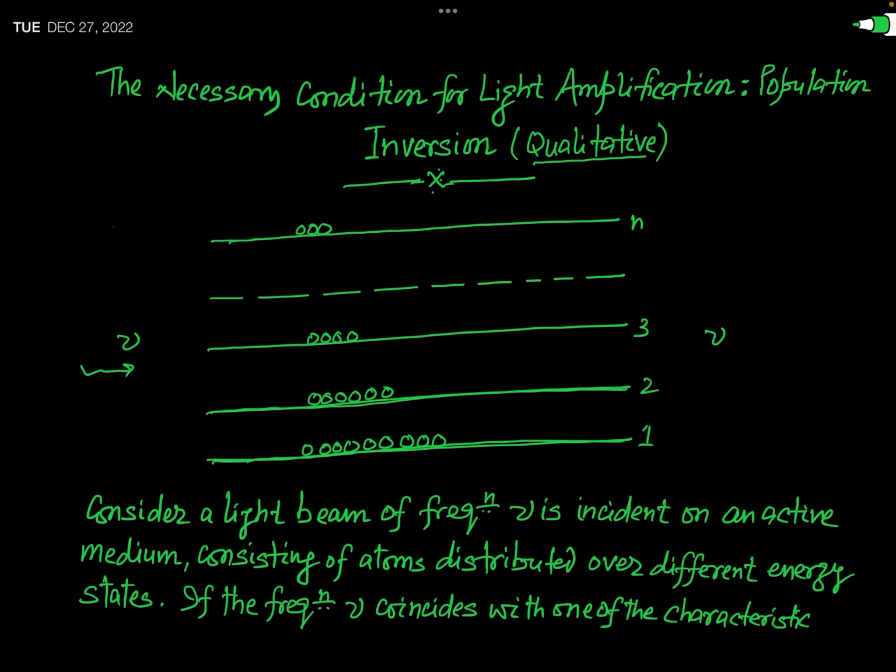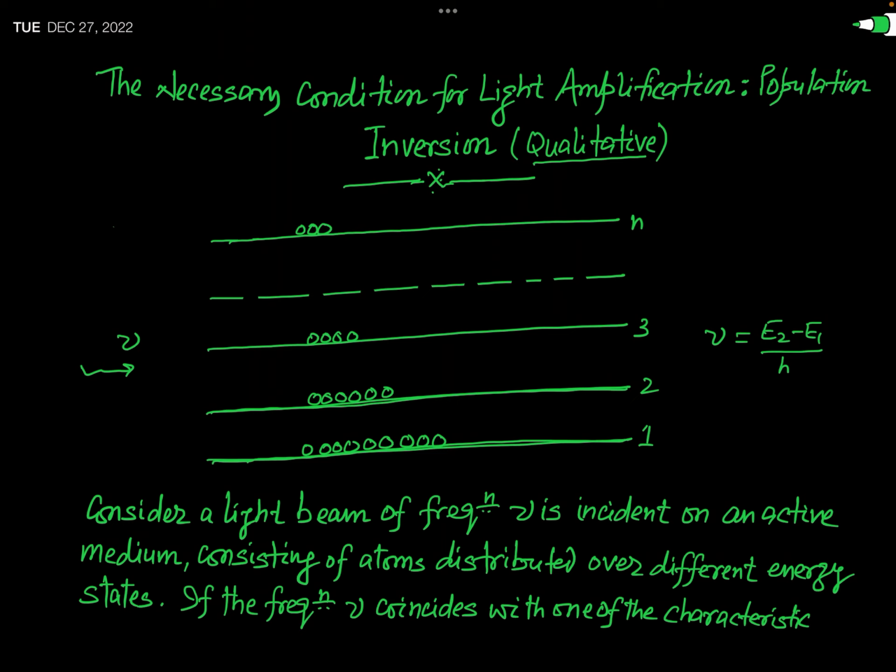If this incident frequency nu is just equal to the difference of two energy levels, that is called the characteristic frequency. Suppose E2 is the energy of the higher energy level and E1 is the energy of the lower energy level. If nu is equal to (E2 minus E1) divided by h, then this frequency nu coincides with one of the characteristic frequencies of this atomic system.